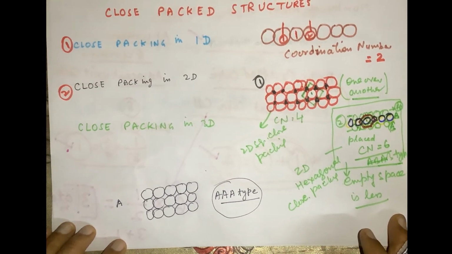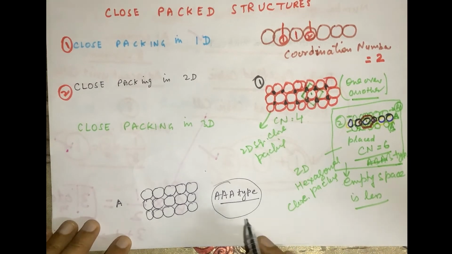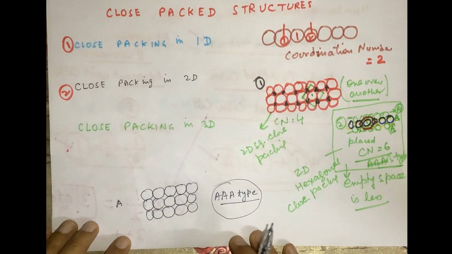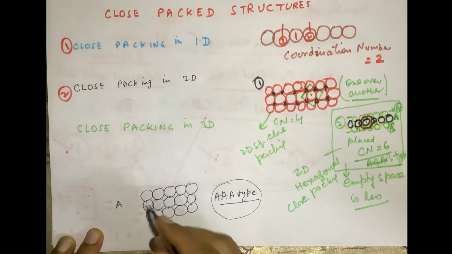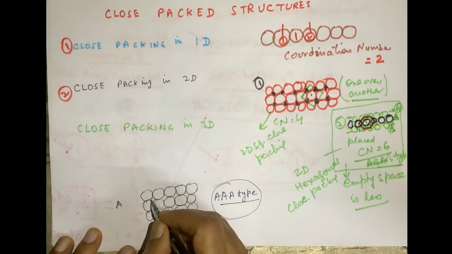Now if we place this second layer over the first layer, 2-dimensional hexagonal close packed layer A, and place a similar layer above it in such a manner that the spheres of the second layer are placed in the depressions of the first layer, then what will happen?